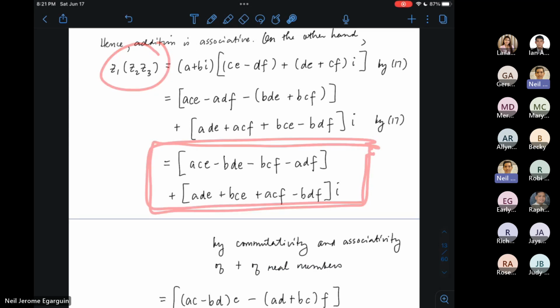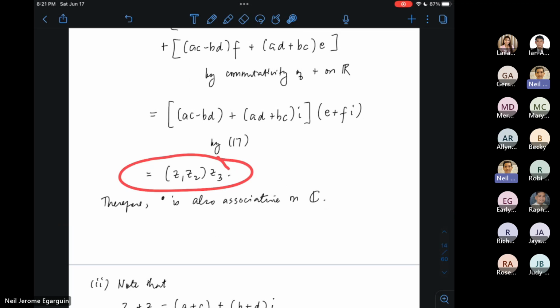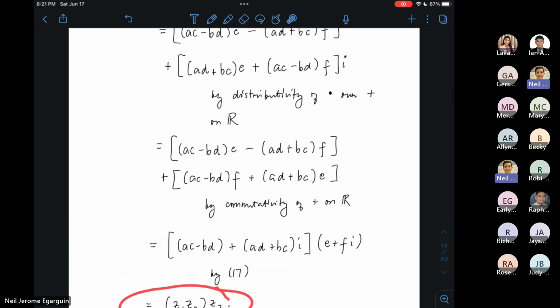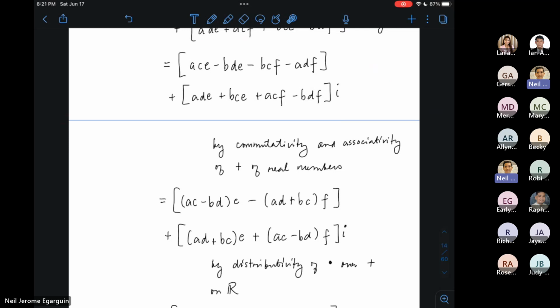And then hiwalay. So set that aside. Another part of the proof is to compute saan equal yung Z1 times Z2 times Z3. And then you can do that. Mapapakita mo equal din siya dito. So the two guys being equal to the same thing means that the two guys you begin with are also equal to each other. Then you're good. You have proven associativity. Okay?